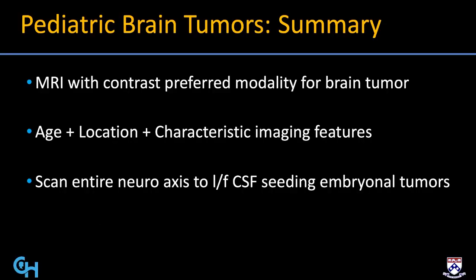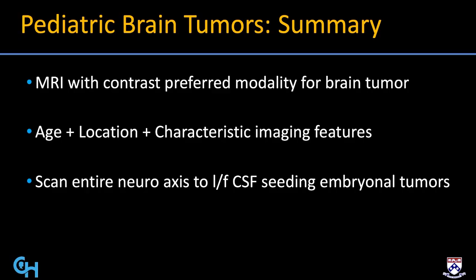So far we completed looking at the common pediatric brain tumors. And to summarize, MRI with contrast is the preferred modality for imaging of brain tumors. Along with the characteristic imaging features, the age of the patient and the location are going to be helpful clues to narrow your diagnosis.